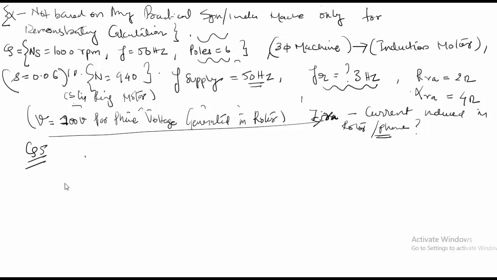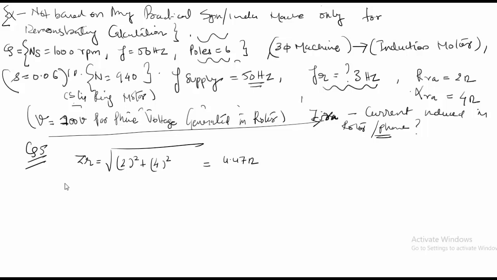Now how you will solve this is, the first step is to find the ZR, which is my rotor impedance per phase, and which is equal to the square root of 2 square plus 4 square, which will come close to 4.47 ohm.